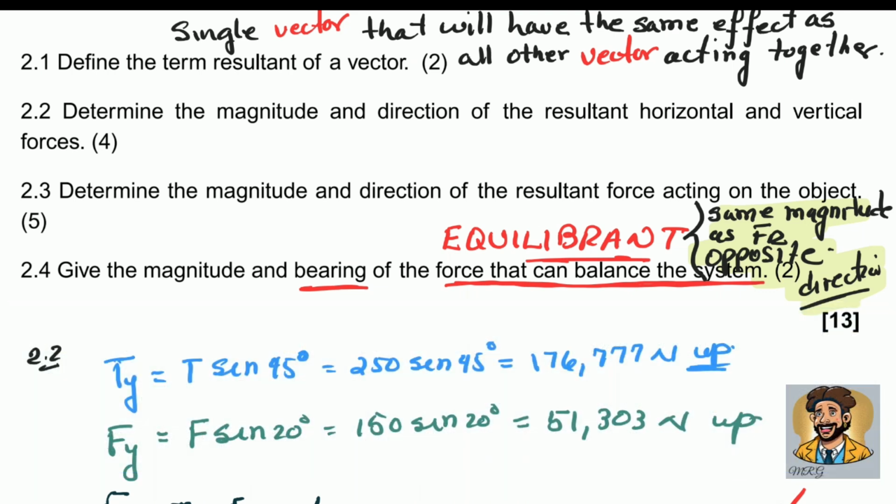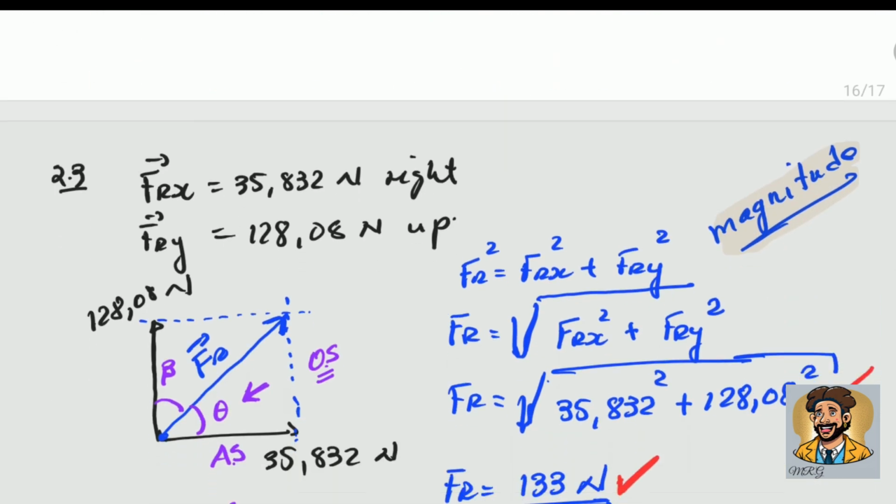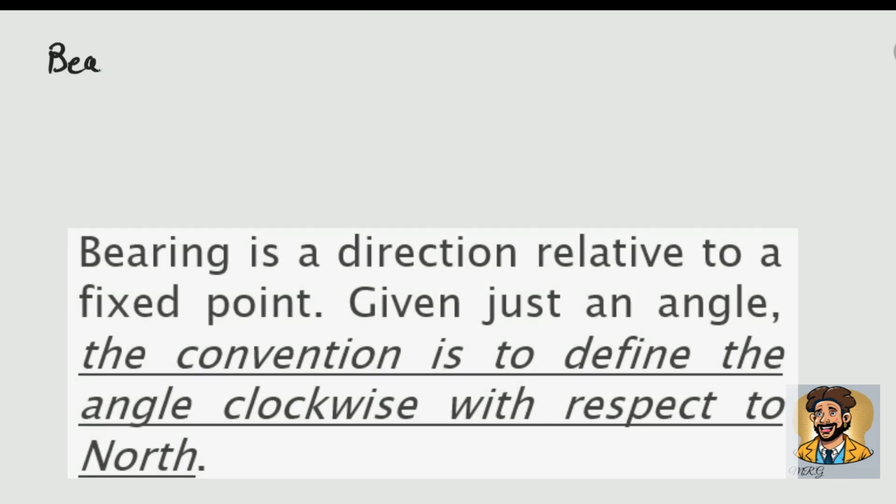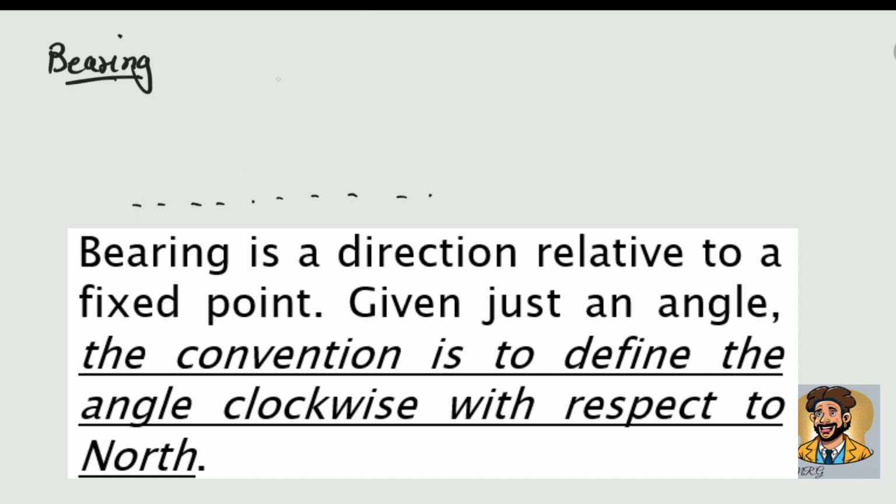Now, bearing is a way in which we can give direction. Now, how does bearing work? Bearing, and let me write it here, bearing. For bearing, you will always begin starting from north or from the y-axis. That is how we give bearing. Always you start from north.